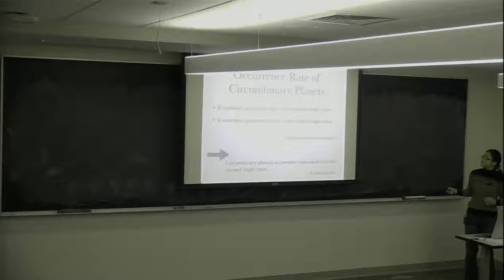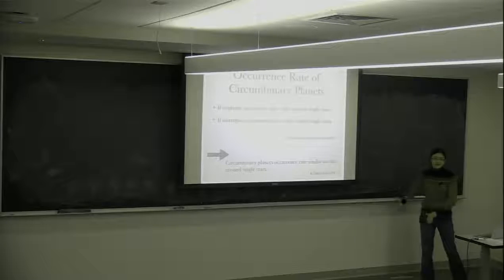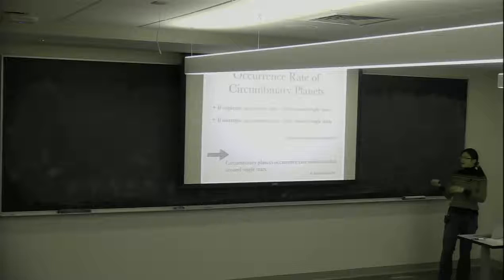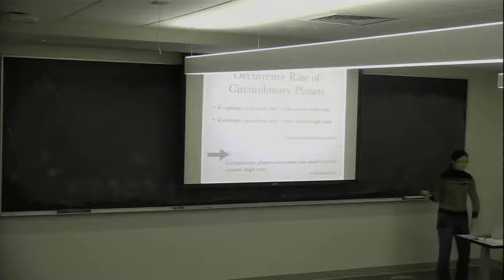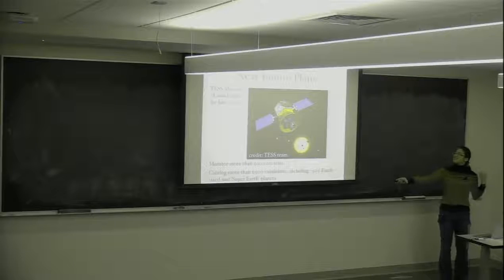And now we know it's the first case scenario. So the circumbinary planet occurrence rate would be similar to that around single stars. So the efficiency to produce these planets is quite similar for both the single star systems and the stellar binary systems.